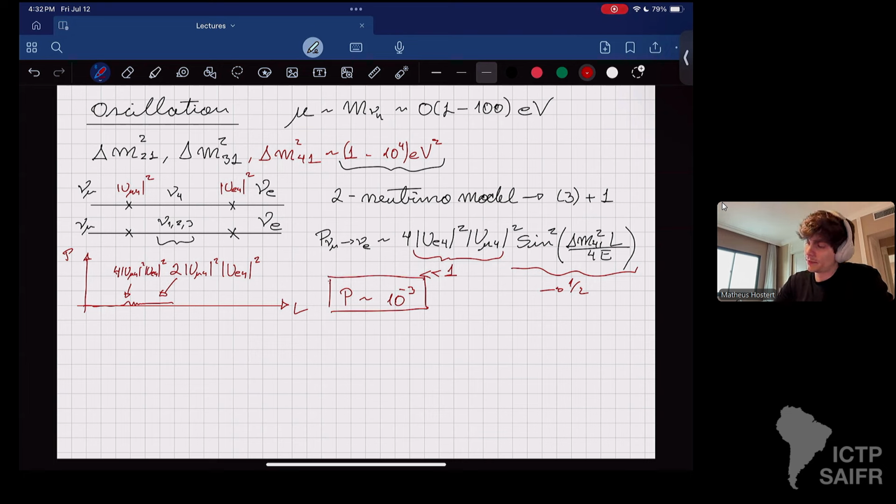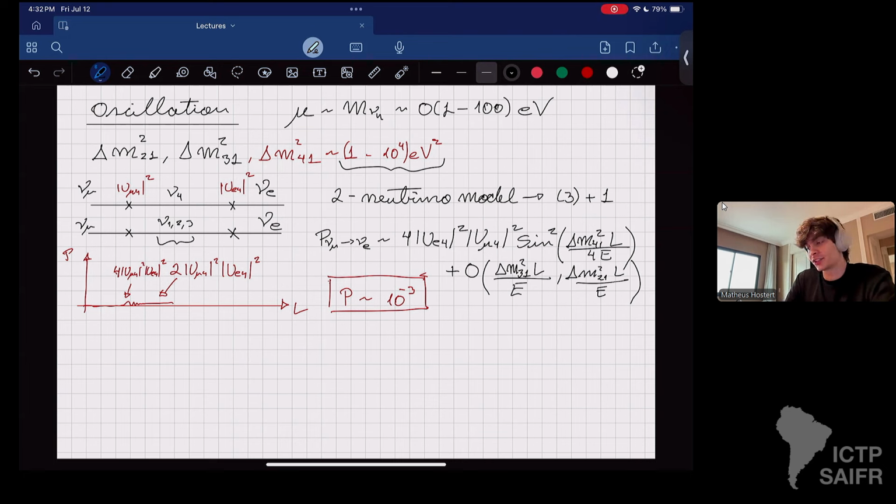So the way to think about this in the context of the other oscillations is to remember that even though we wrote this probability in this form, there are additional terms which have order delta m squared 3, 1 squared over L over E, and the same thing, delta m squared 2, 1 L over E. So provided that L is sufficiently small, or E is sufficiently large, whichever may be, L over E being the right size, these other terms are basically not important.